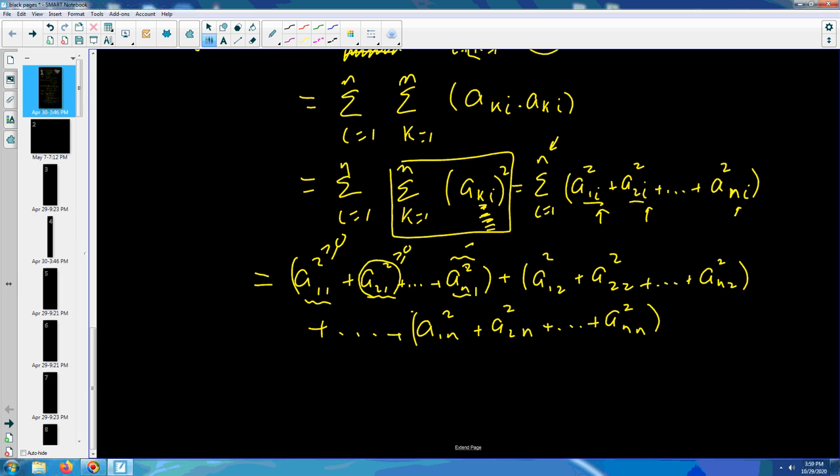All of the terms greater than or equal to 0, all the way down to the last one. You add them all up, you're going to get at least 0. How do you get 0? If they're all zeros. That completes this proof.